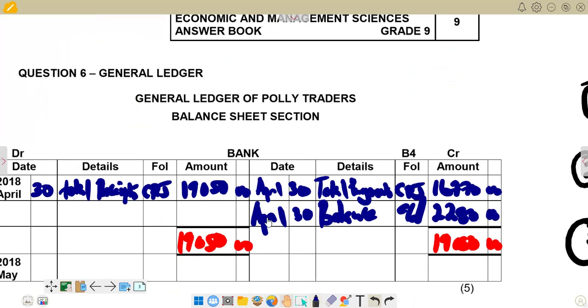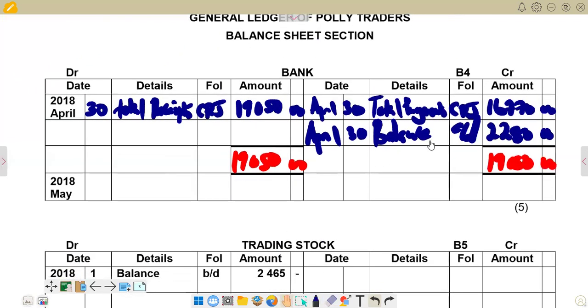And then the difference also will come on the opposite side below the double lines, that is here. And it will now be our balance BD. Balance BD's date is the first day of the next period.